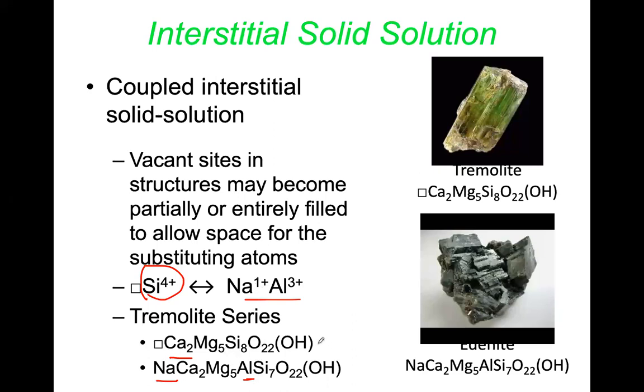So here no aluminum, but here you have aluminum. Here no sodium, and here you have sodium. But this is taking place within the molecules, not direct substitution. And this is happening because it is an interstitial solid solution.